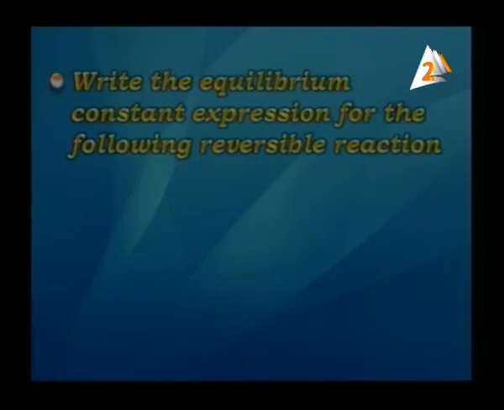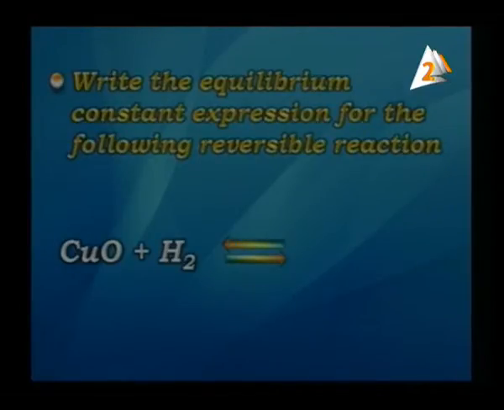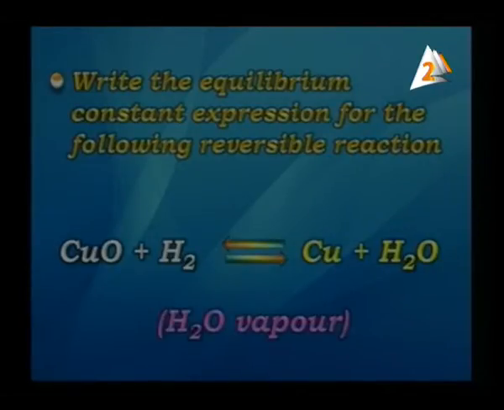Now, for the second question, write the equilibrium constant expression for the following reversible reaction. The reaction begins with copper oxide CuO plus hydrogen, always reversible, and directly gives copper and water. H2O here is vapor, which has a meaning.